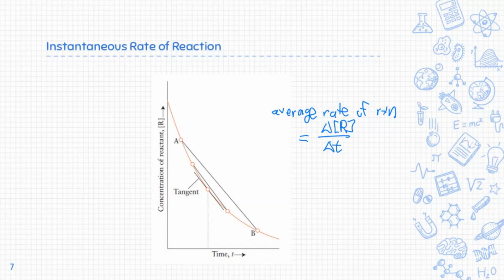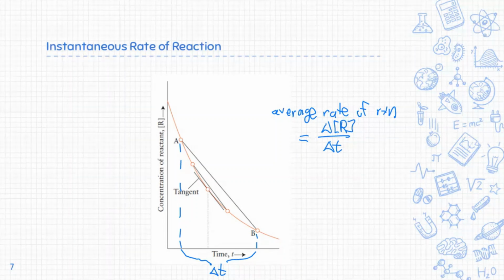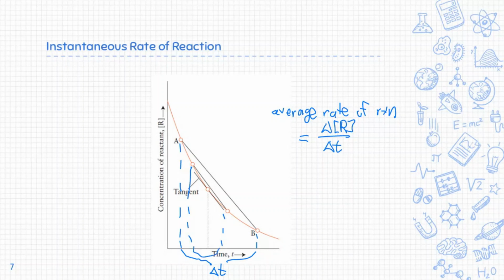So what we like to do is see from A and B how this time interval, right? We make this smaller and smaller, until it becomes extremely small, infinitely small.